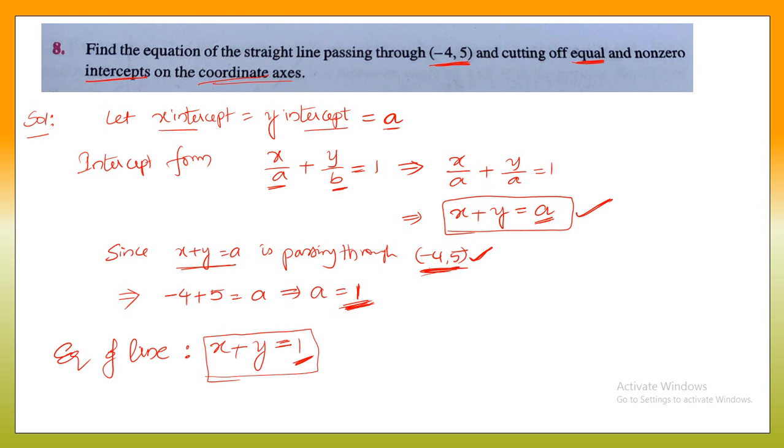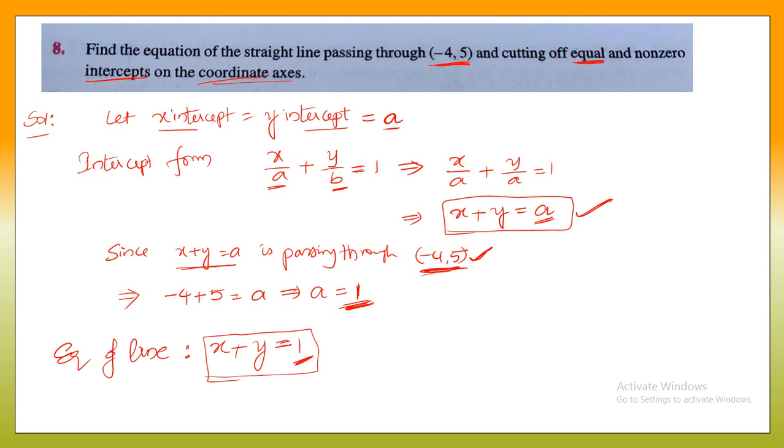This is my equation of line when the intercepts are equal and it passes through (-4, 5). Here we have used the concept of intercept form. Whenever intercepts are mentioned, we need to use the intercept form.